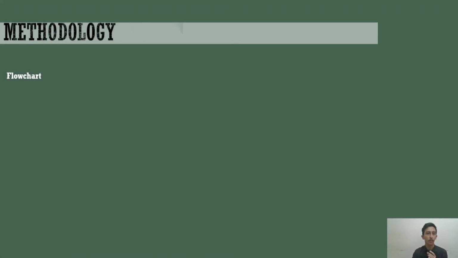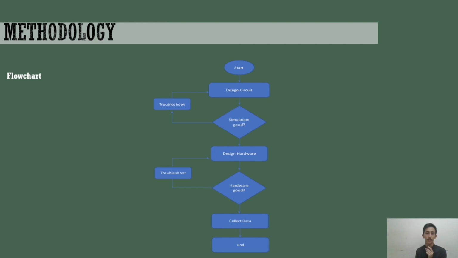Next, I will go to the methodology flow chart. First we start, and then I will design the circuit. Then I will go to the simulation. If it is in bad condition, it will be troubleshot and the circuit redesigned, then simulated again. If it is good, I will design the hardware.